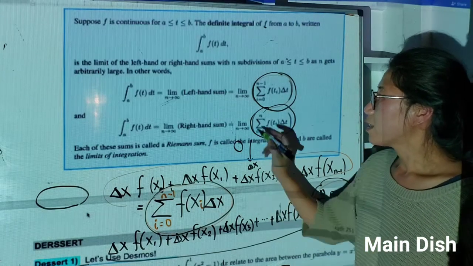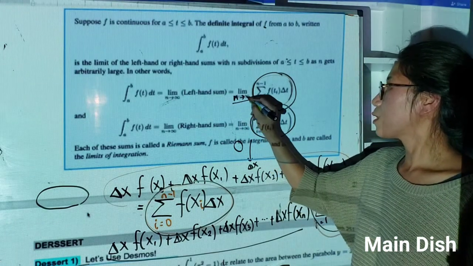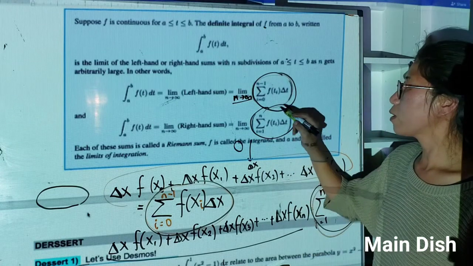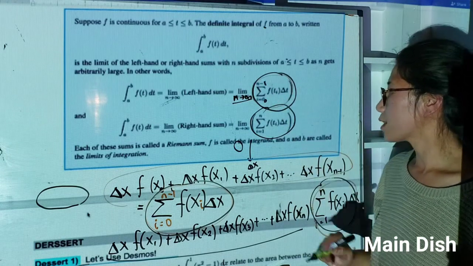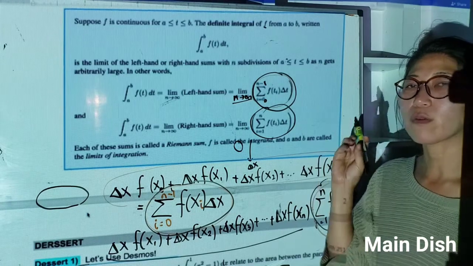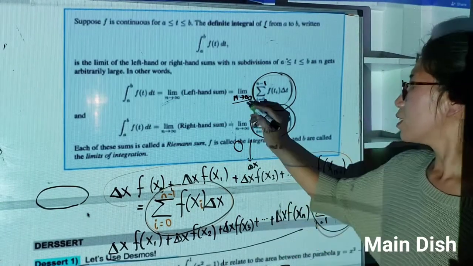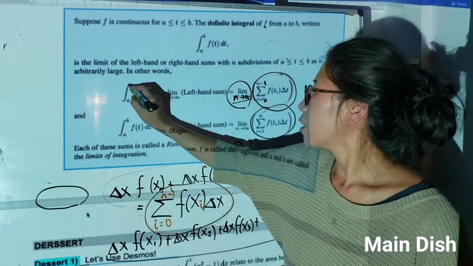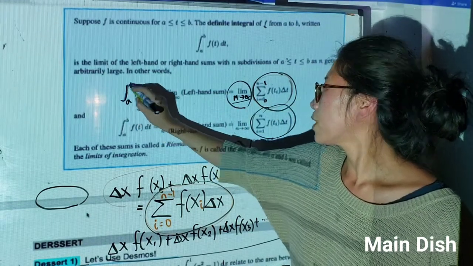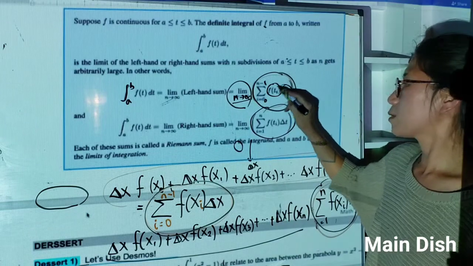Then we send the limit as n goes to infinity. Why? Because instead of having 0 through n rectangles, I want to have as many as possible instead of 4, 8, 10, 100. So sending it, that becomes the area under the curve from a to b, same notation, height times base.